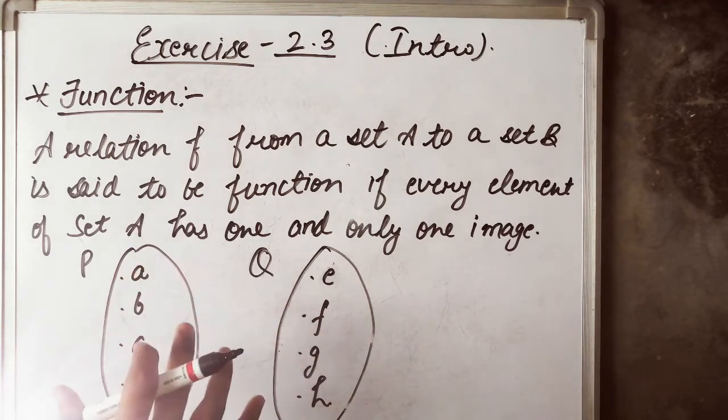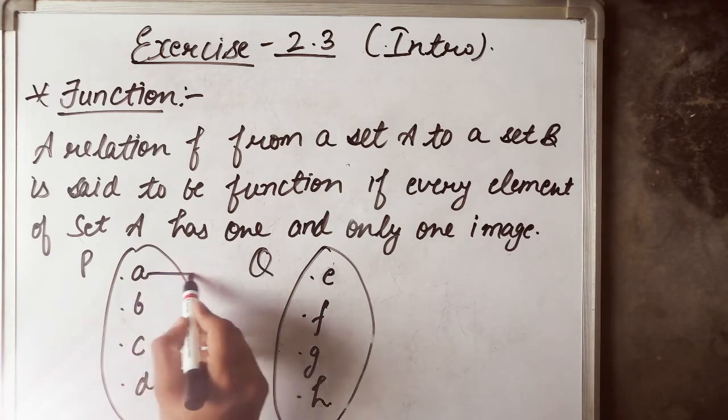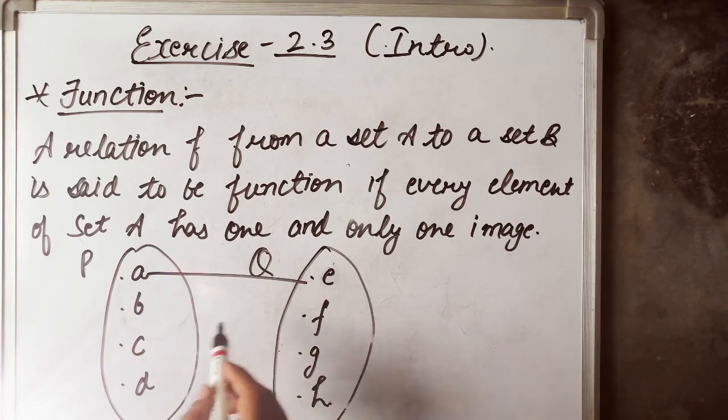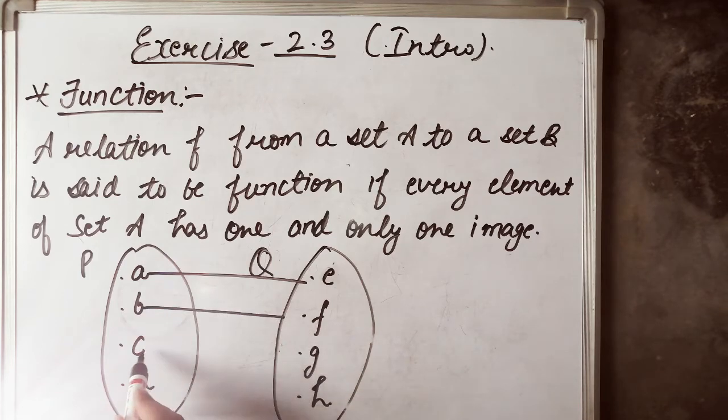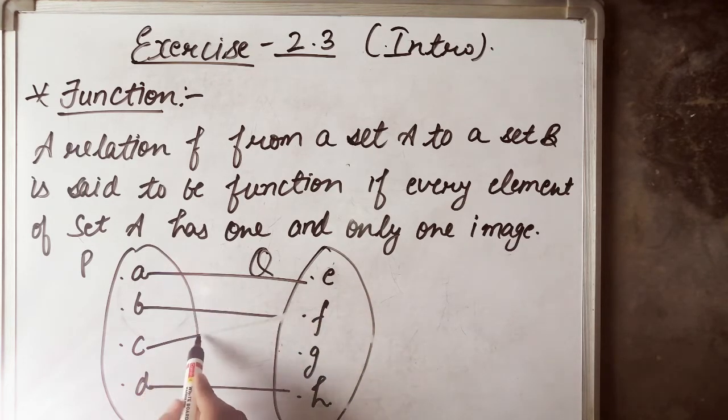Now, how are the elements of P related to Q? These are related as A related to E, B to F, C to F, D to H. No, not C to H. C to G. Okay. Now see what the definition says.